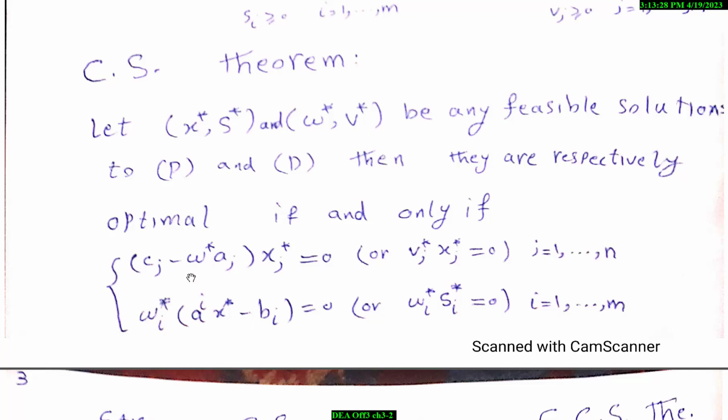We can write the complementary slackness as this one or as it is in the parentheses. This means in optimality, for each pair of optimal solutions of primal and dual, the slack value of dual multiplied by its corresponding main variable in primal should be equal to 0, and we have the same for the slack value of primal and the main variable of dual.